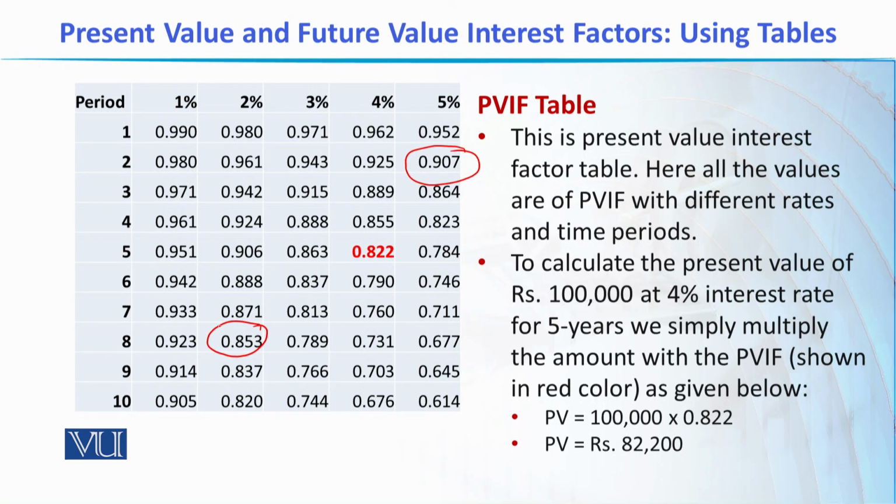So if we have got an amount of, let's say, 100,000 rupees, and at the rate of 4% interest, it is 5 years from now, how would we calculate the present value? Let's have a look at this table where we have got in red color this value, below 4% interest, in front of 5 years, that is 0.822. So we simply multiply this 0.822 with 100,000, the future value, in order to get the present value, that is 82,200.